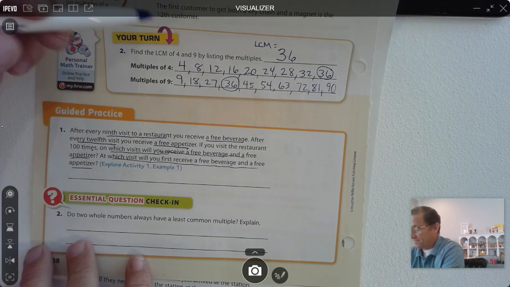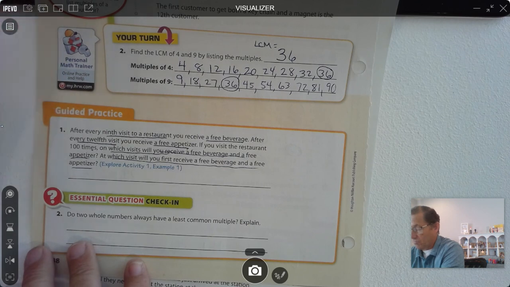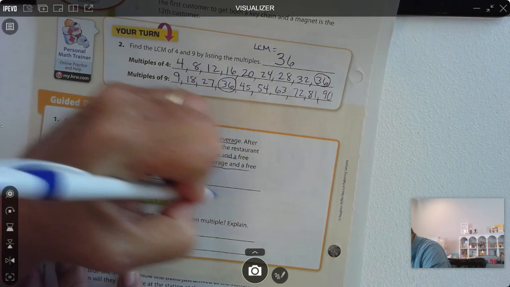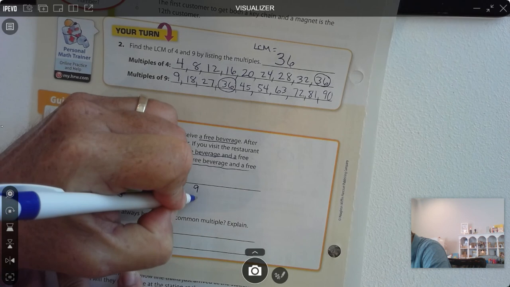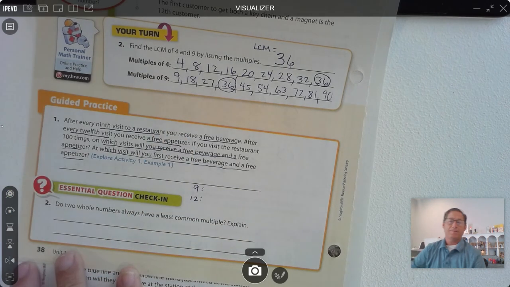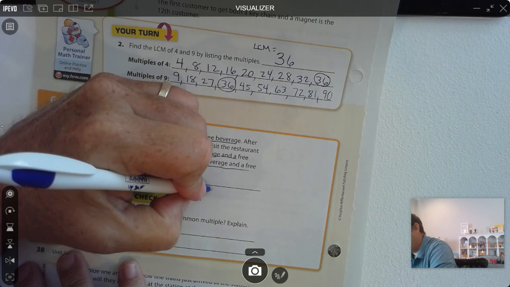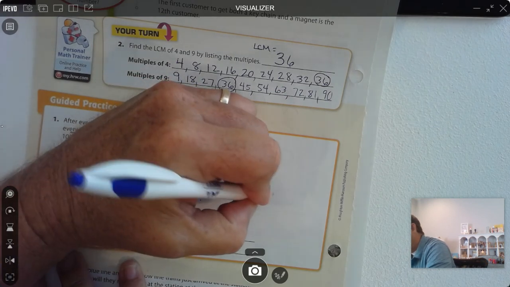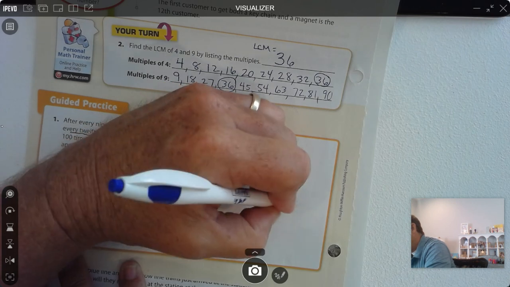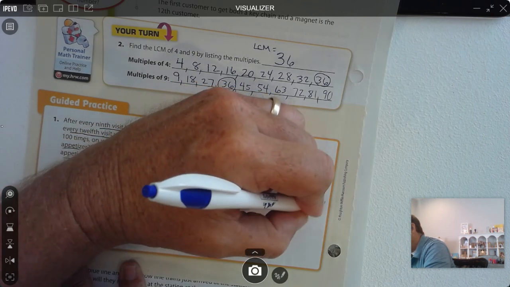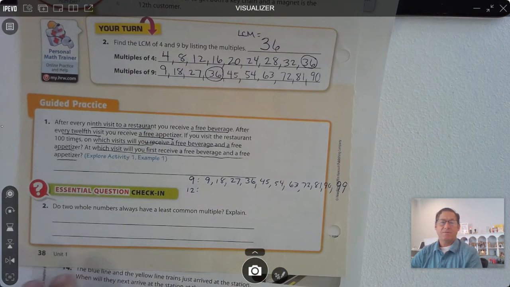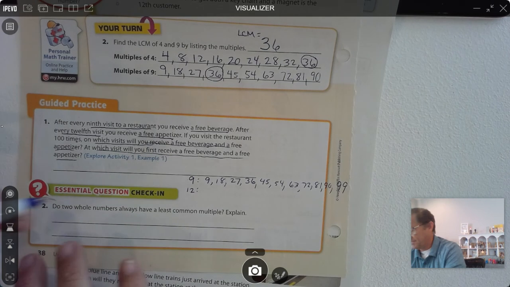Okay, so we're being asked to find the least common multiple, or all the common multiples, of 12 and 9. Okay, so 9, we just did that up in the previous problem. And I went out to 99 because it says visit 100 times.